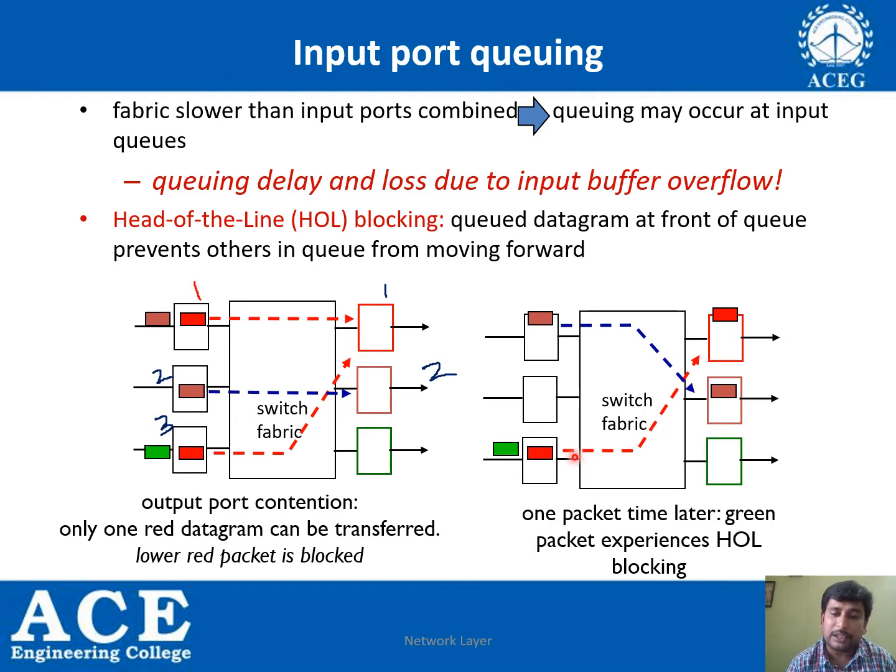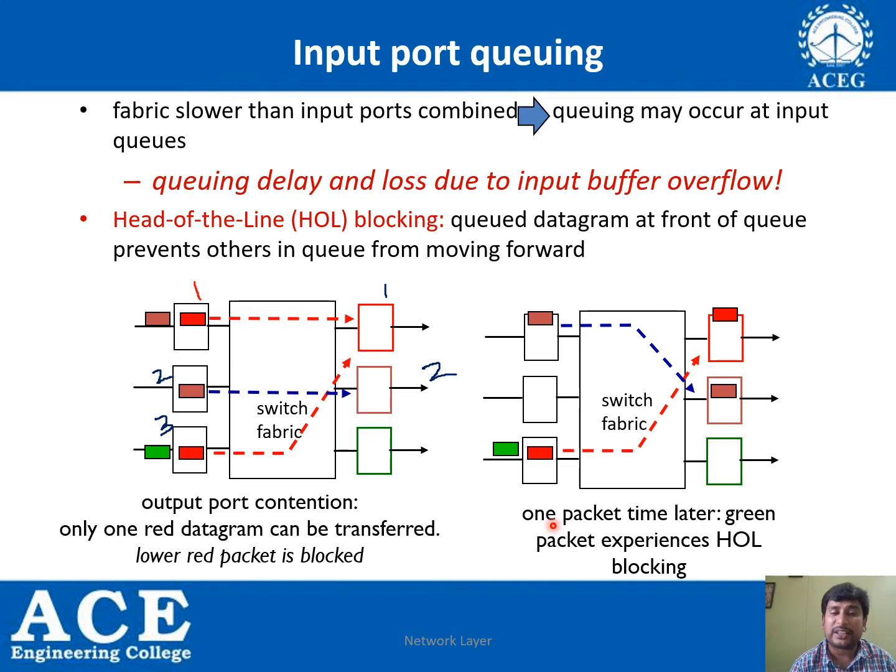But in the queue the red datagram is first, so until the red datagram is transferred to output port 1, the second datagram in green cannot be transmitted. What is happening here is that the green datagram has been blocked by the red datagram in input port 3.